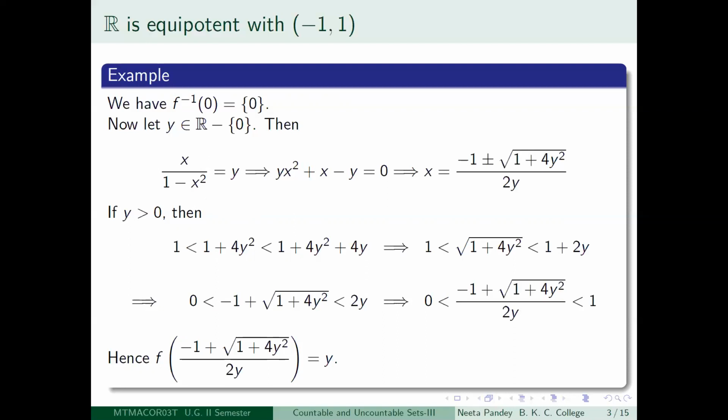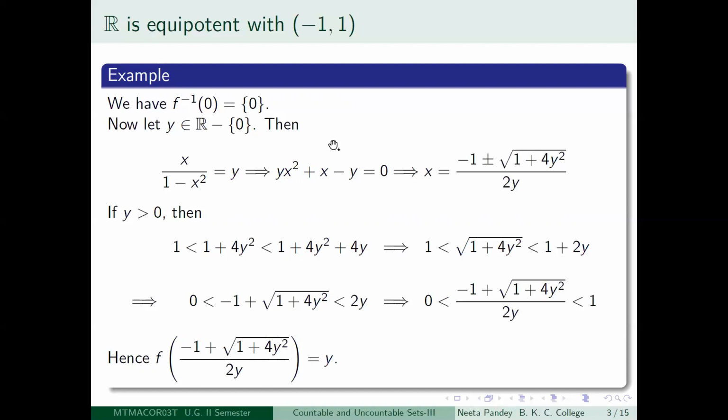So I do some calculation. I multiply by 1 minus x squared on both sides, and then I take all the terms on the left hand side. So what am I getting? I'm getting yx squared, because the minus yx squared going on the left side will become positive. Yx squared plus x minus y will be equal to 0.